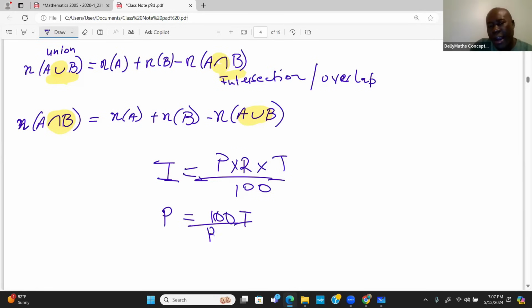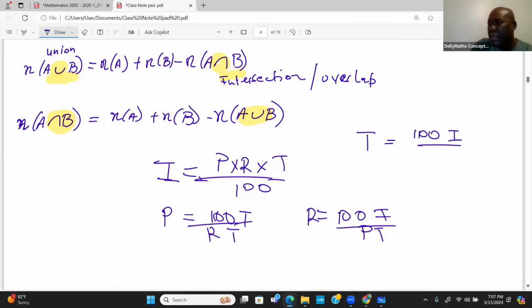100I over RT. Take a look. All of them are unique in a way. 100I over PT. You understand? If I want to find T, it's 100I over whatever is missing, PR. Like you could see, the same letters rotating.